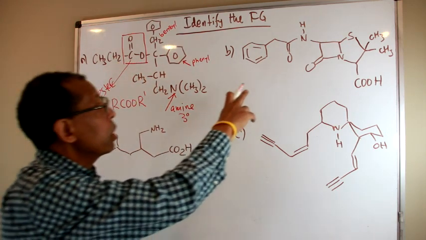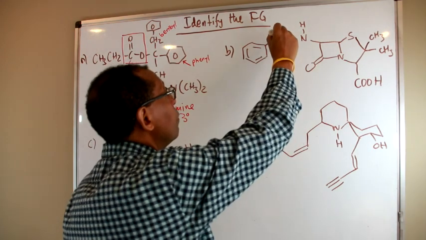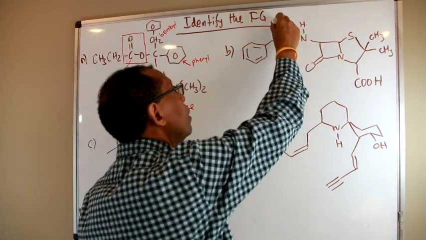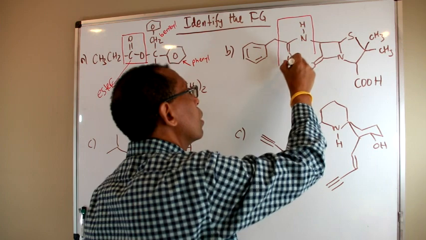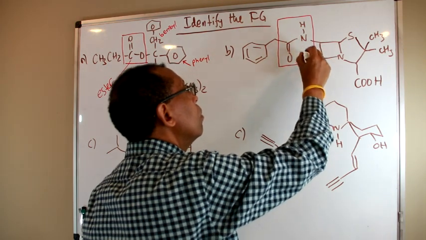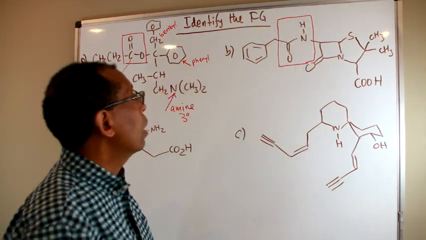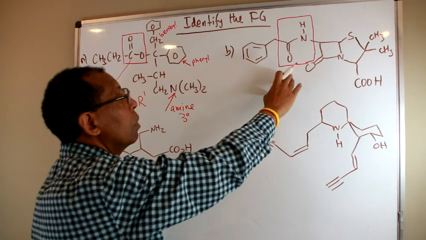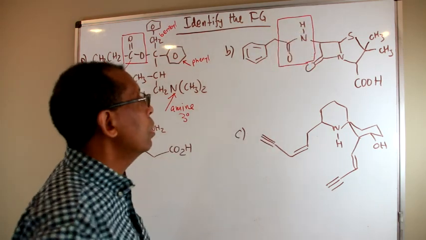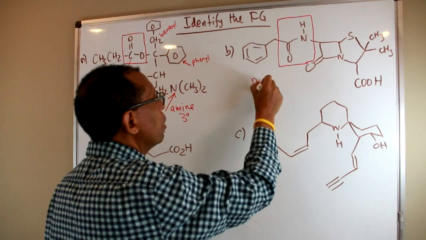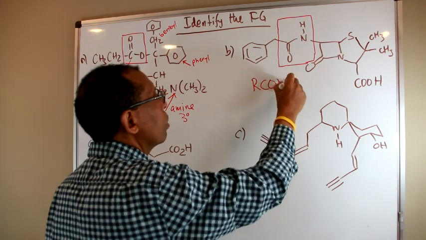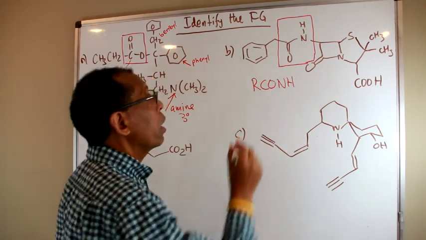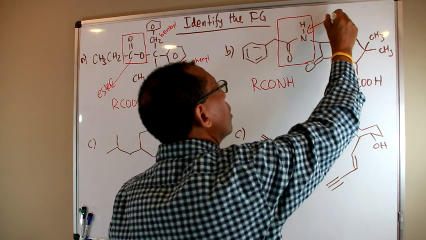If we consider the next compound here, if you just outline this right there, that is an R, C, O, N, H group. So if you have RCONH, this is an amide functional group.